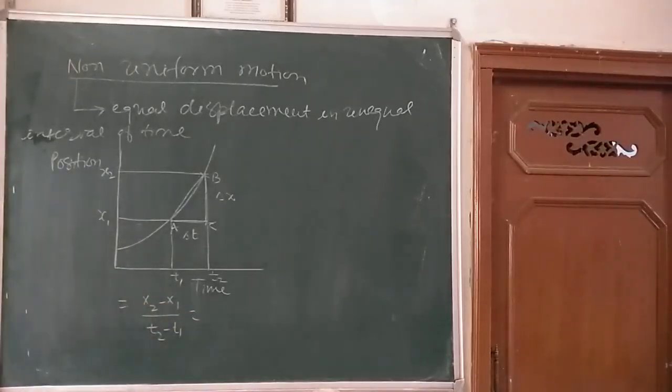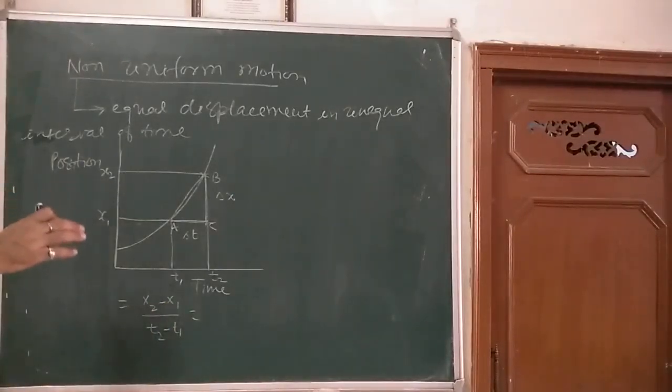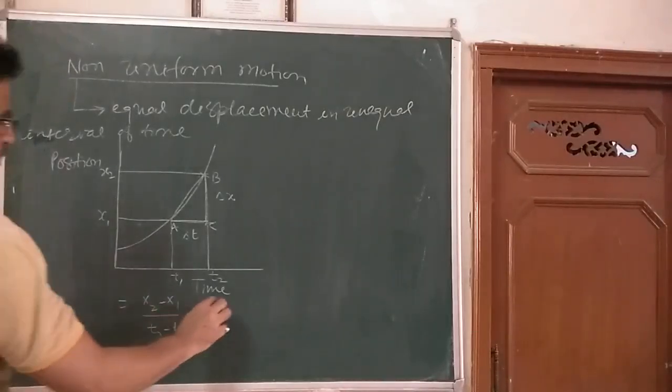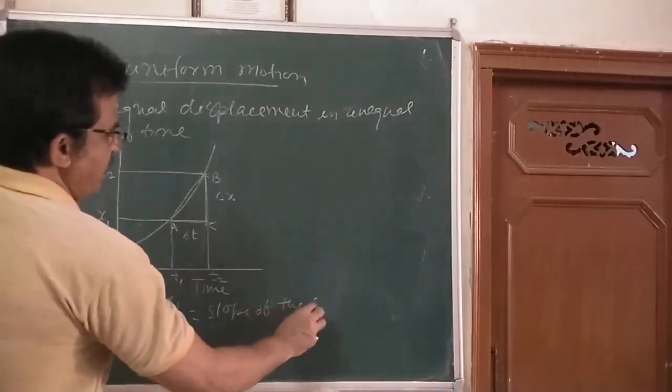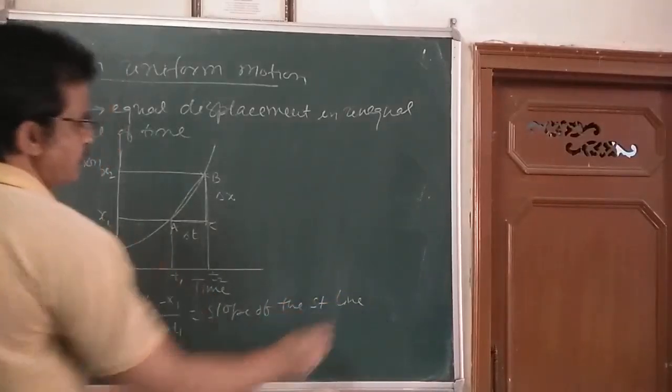What is this? This is the slope of the straight line AB.